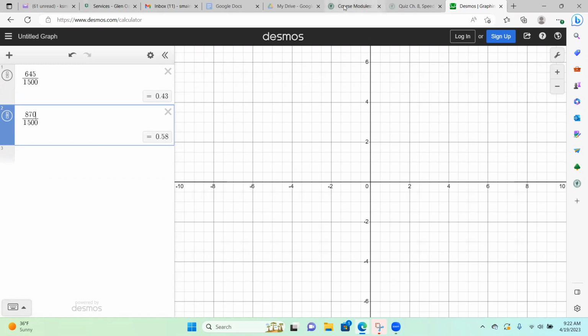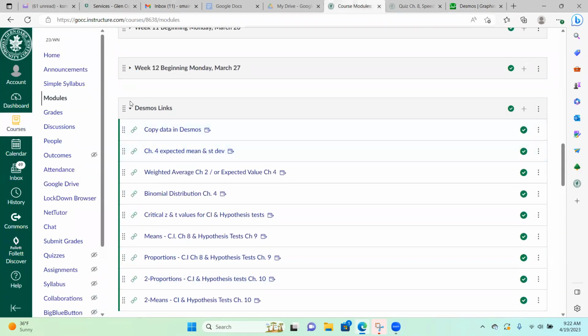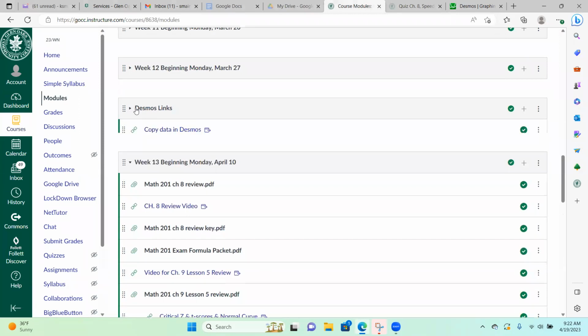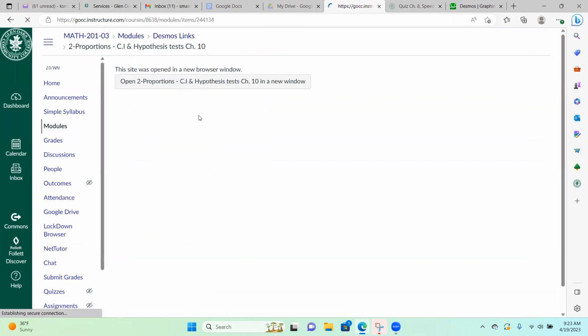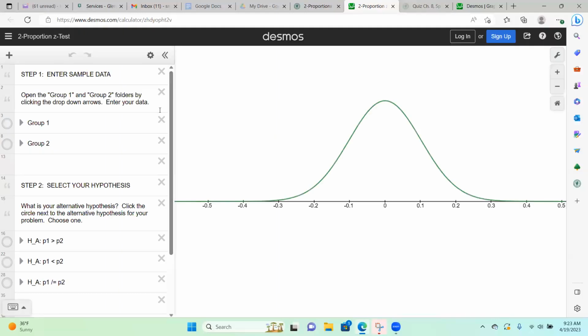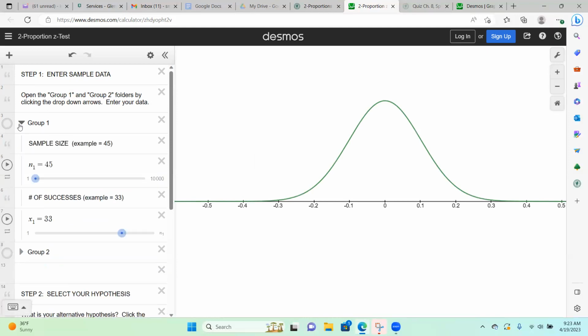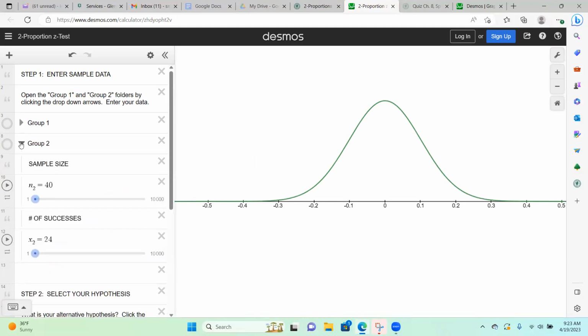Now if you go to the course modules, to the module that I created that has Desmos links, near the bottom, the second from the bottom says 2 proportions, confidence intervals and hypothesis test, chapter 10. If you click on that and open that Desmos link, it tells us to enter sample data. And notice they're in folders. So we've got group 1 and group 2.